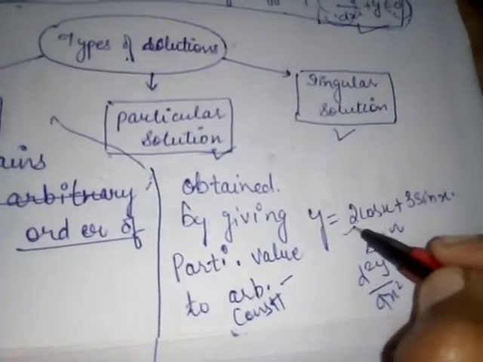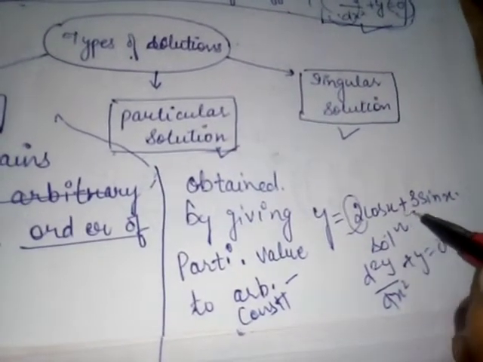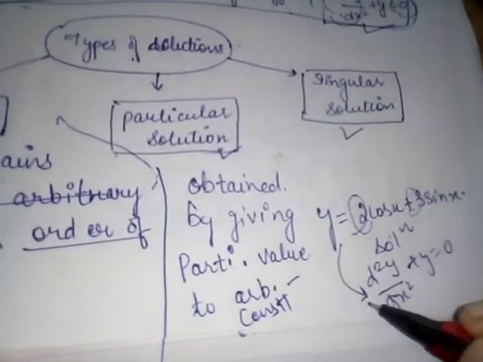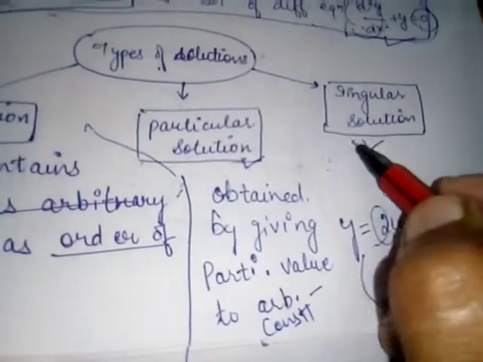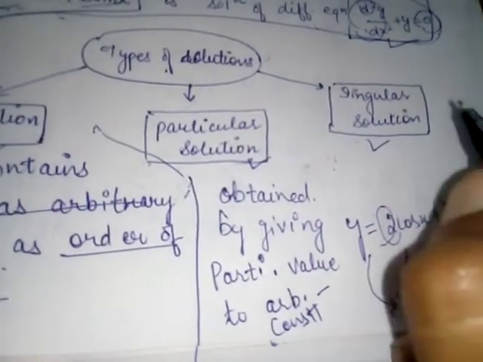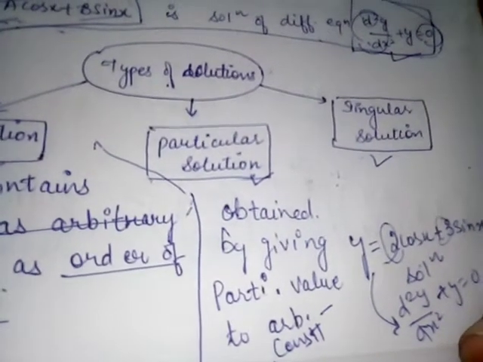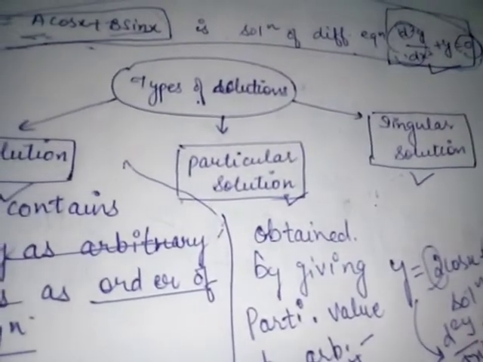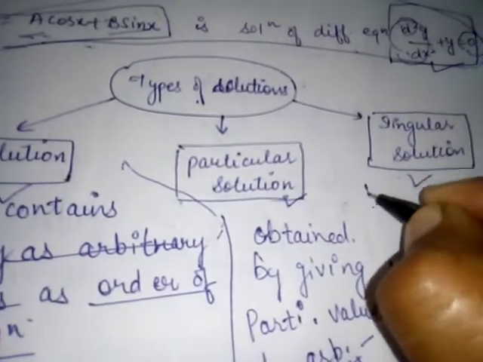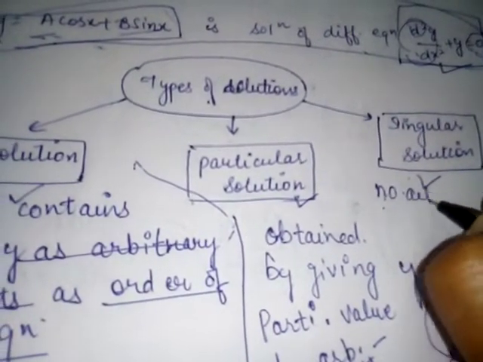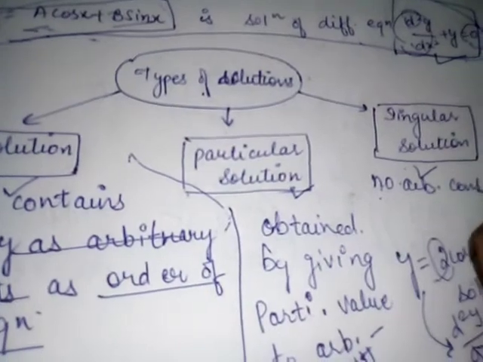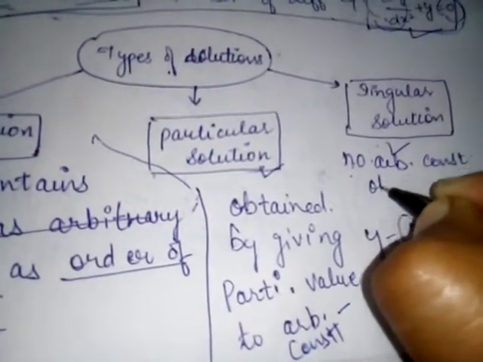A particular value is given to the arbitrary constant, so it is the particular solution. In the case of singular solution, there is no arbitrary constant; it cannot be obtained by giving particular values. It means no arbitrary constant which is obtained by a particular value.